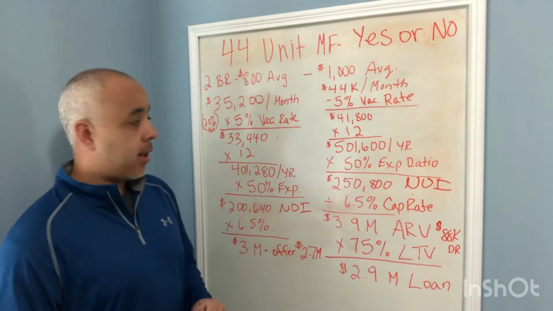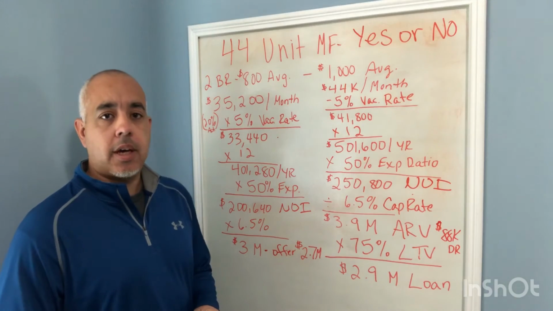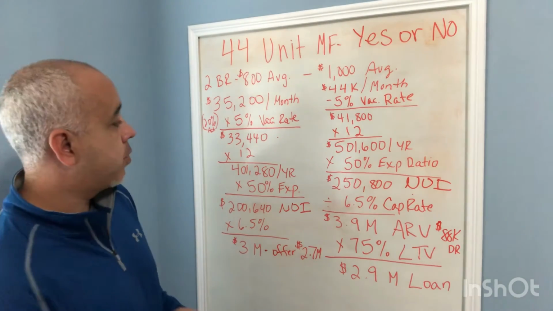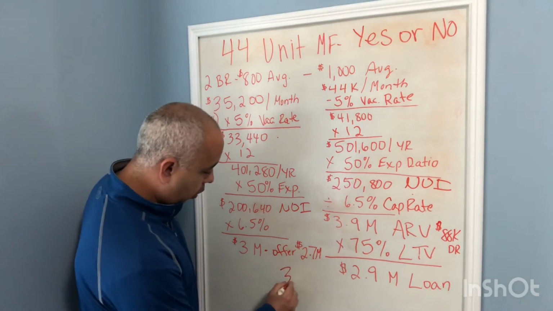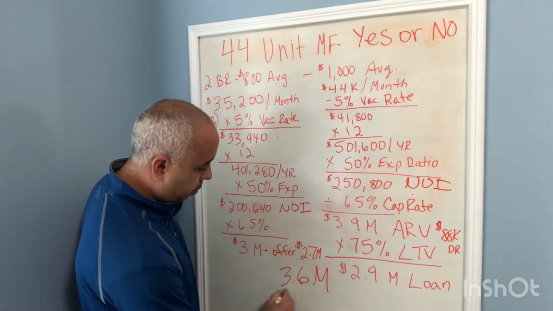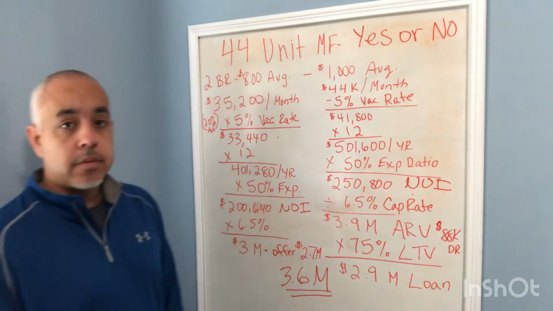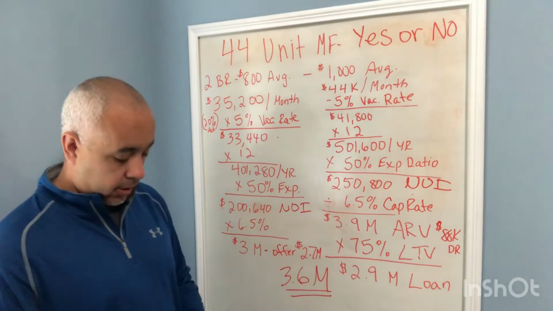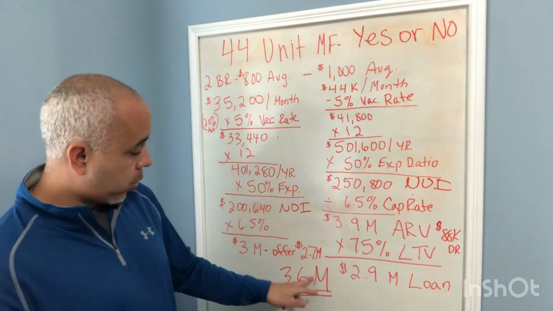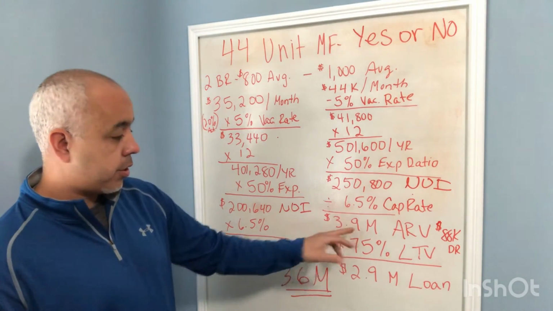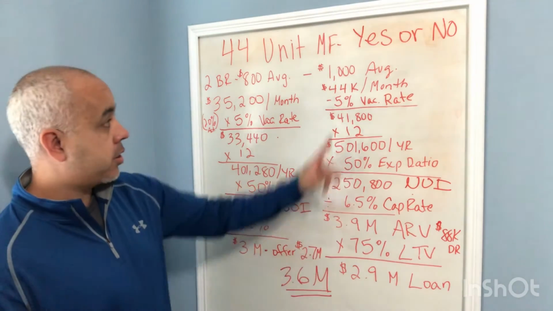Now, this property was brought to us because the owner is in a little bit of a pickle, but he obviously is not in too much of a pickle because he was asking $3.6 million for the property. Well, you did your analysis, and $3.6 million is close to your $3.9 million stabilized.